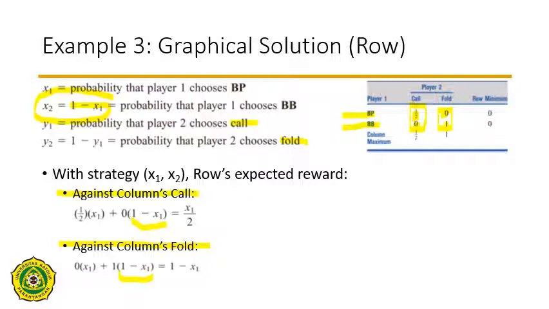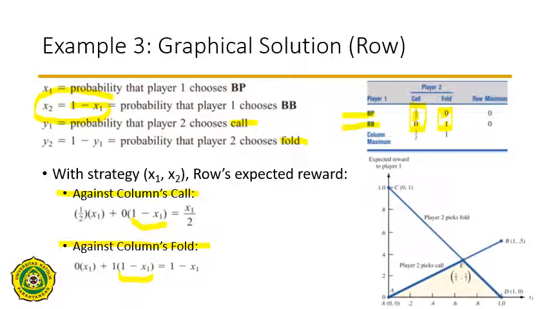And then, as usual, we may draw these two equations, with the y-axis being the expected reward to player 1. So 1 minus x1 is this one, player 2 picks fold, the second equation. This is the first equation, player 2 picks call. And remember, player 2 will always try to minimize the reward for player 1.